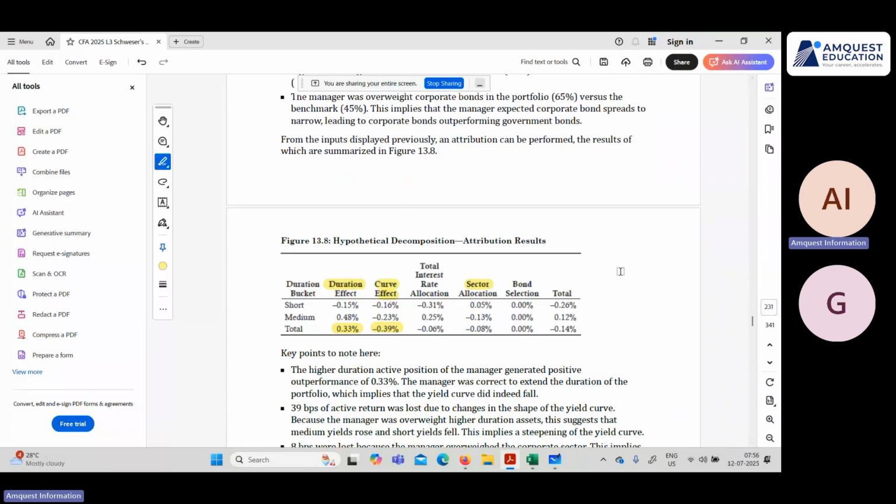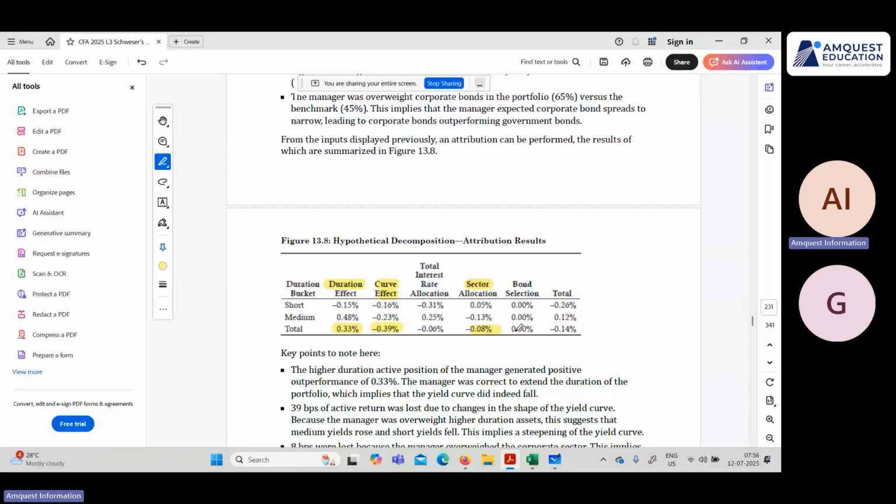That's the reason I was overweight in corporates and underweight in government. Even that bet went wrong. This means that the spread has widened. And bond selection was 0.